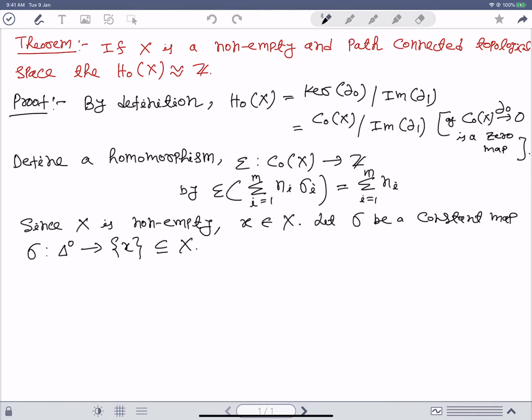That means sigma of that vertex equals x. So this is a constant map.